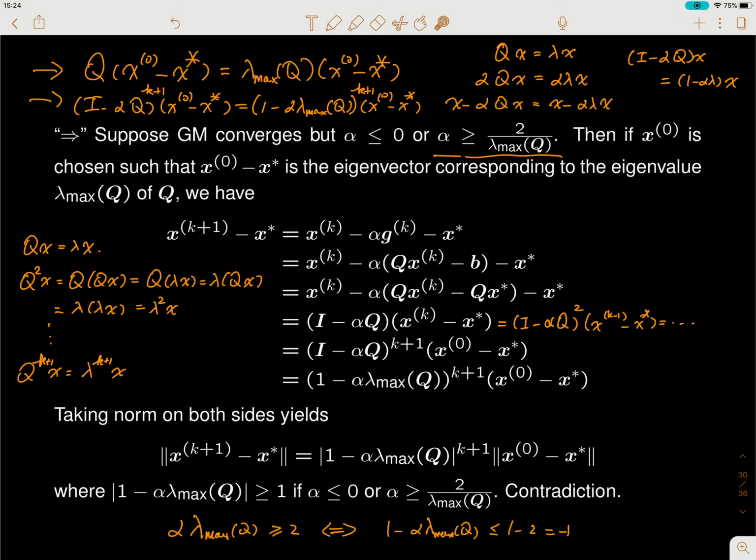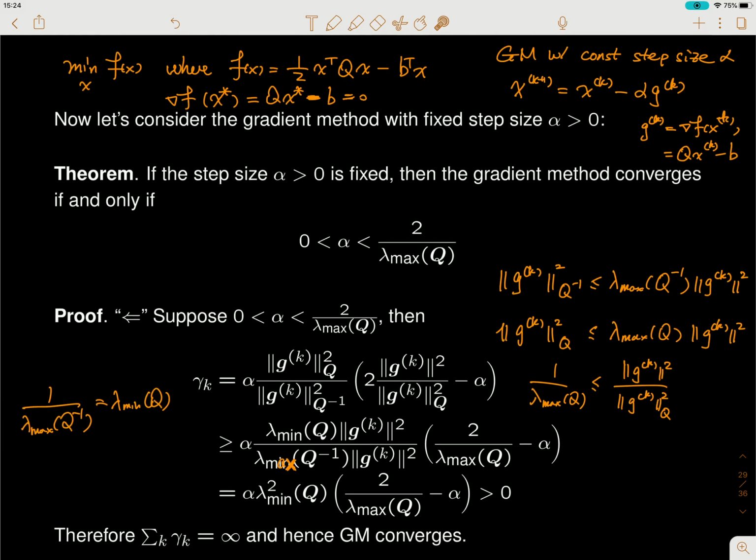That means when our alpha is chosen from either of these two choices, the method will not converge. So our alpha has to be in the open interval from 0 to this. This shows the necessity of this condition. If I want this algorithm to converge, then alpha must be chosen in this way.